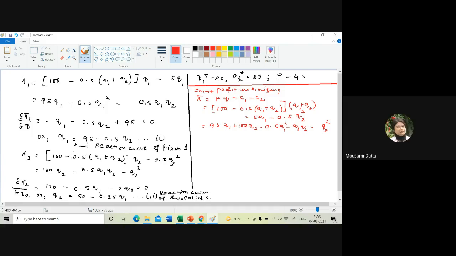Once we get this, we take del pi by del Q1 and del pi by del Q2 accordingly, and then simultaneously solve the equations and find out Q1 and Q2. Ma'am, is it 90 and 5? Q1 and Q2?